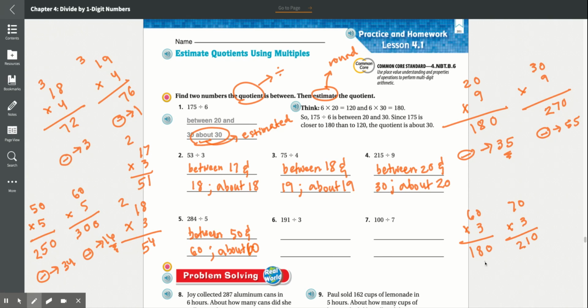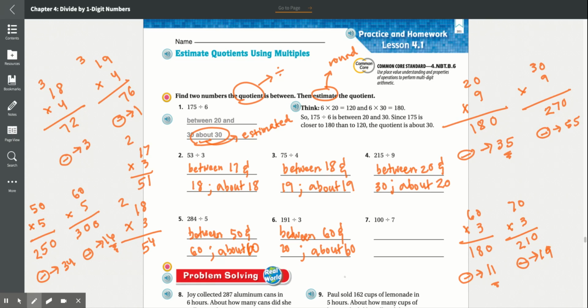So we can see that the difference between 180 and 191 is 11, and the difference between 210 and 191 is about 19. So we can see that this one is a smaller difference. So we can say it's between 60 and 70, and it's about 60.